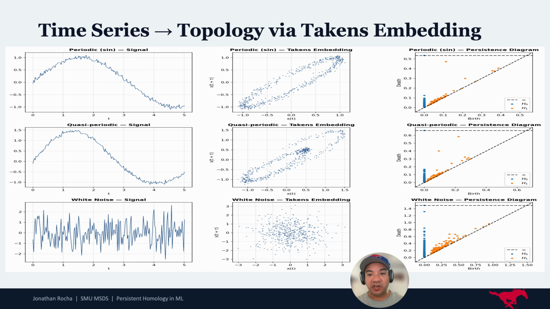Just a blob. No persistent topology. This is the key insight from Perea and Harer in 2015. Periodic signals produce persistent loops. Chaotic signals produce complex signatures. And regime changes, transitions between behaviors, show up as shifts in the persistence diagram.